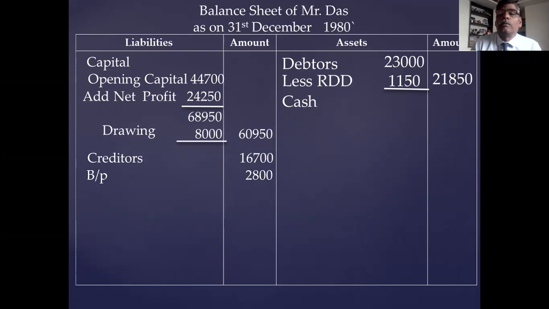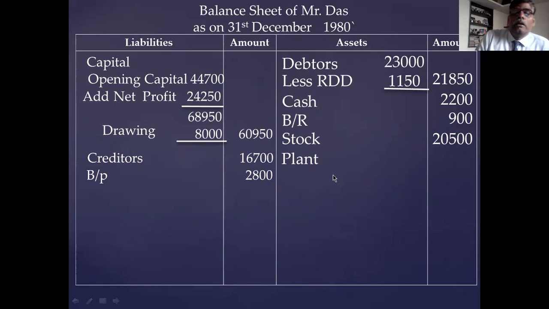Cash balance is 2,200. Next, bills receivable. Go to the bills receivable account. Take the closing balance. Closing balance is 900. Then stock.